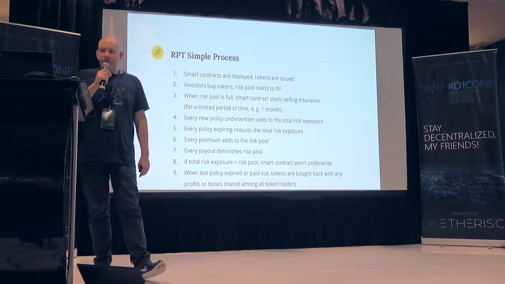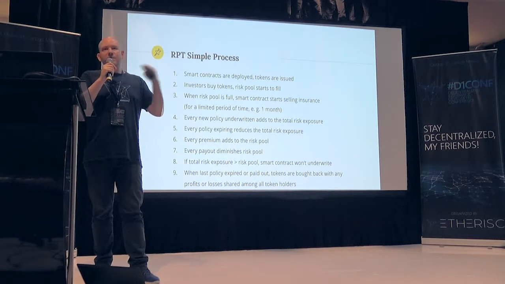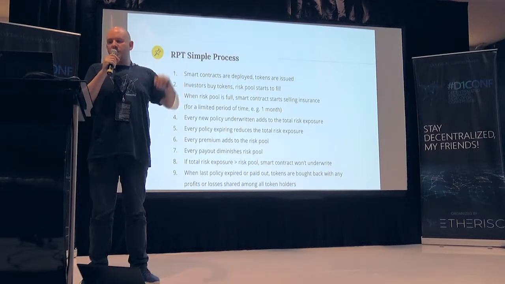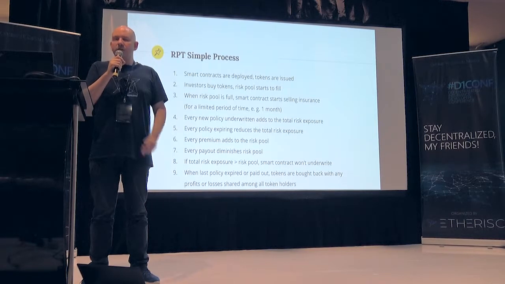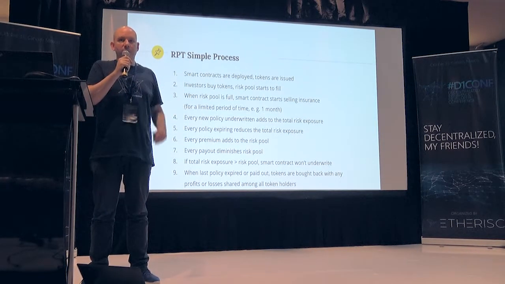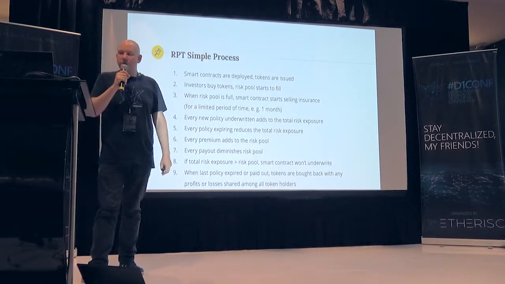I think that's very clear. The interesting thing is we can set a threshold. We can say, if, for example, the total exposure is higher than all the money that is in the risk pool, the smart contract just stops underwriting, so it won't accept new policies anymore. That's of course extremely expensive. We would have 100% collateralization.